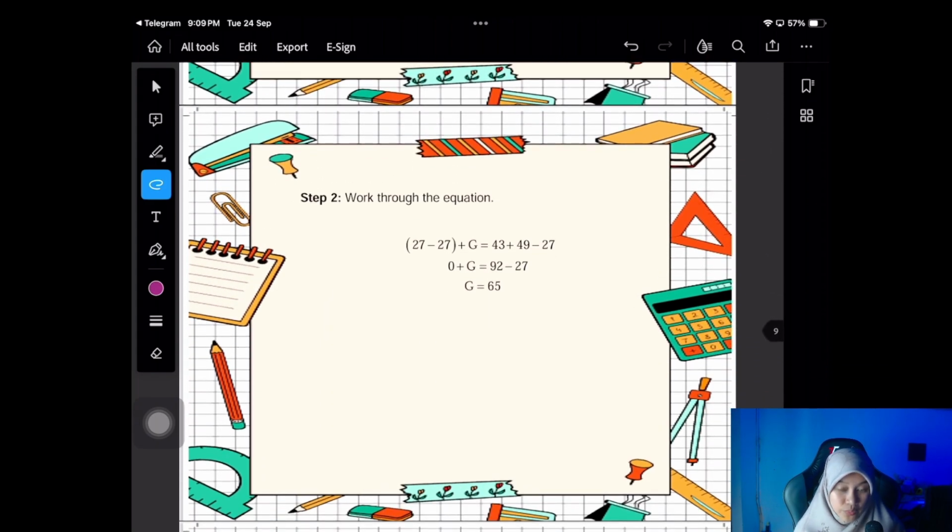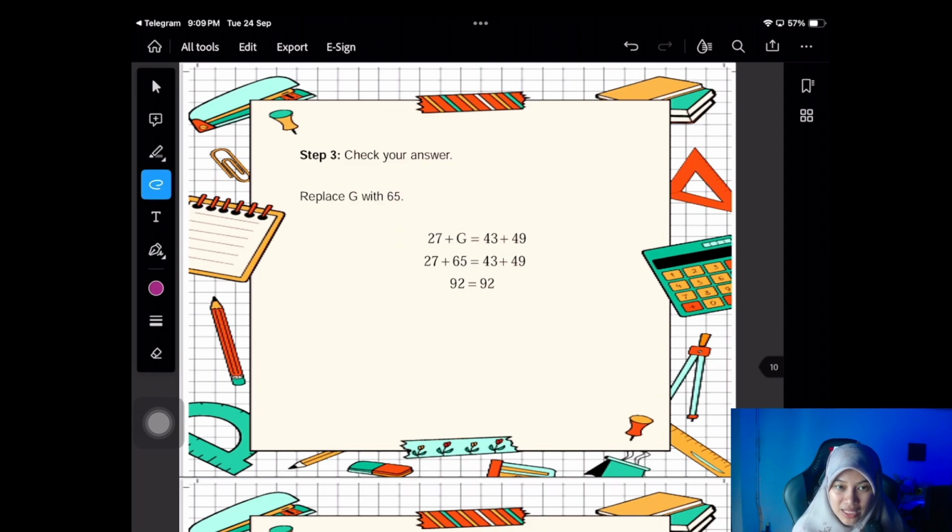Step 2, we work through the equation. So 27 minus 27 we got 0, and this is g. 43 plus 49 is equal to 92, and then we minus 27. So g is equal to 65.